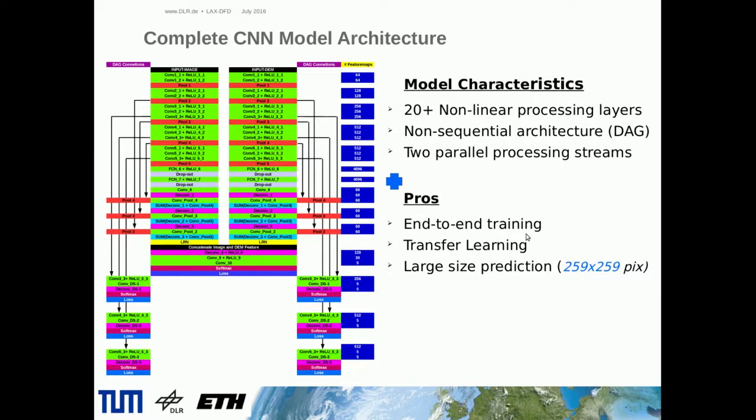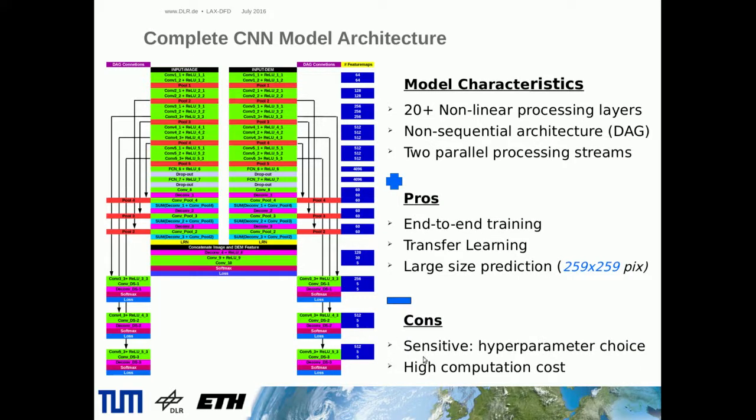So what we learn here, we can reuse in the next application, probably in remote sensing. And we have a large prediction patch size, namely 259 by 259 pixels. So we provide an input of 259 by 259 pixels, and this is what we get in the output, which is quite large.